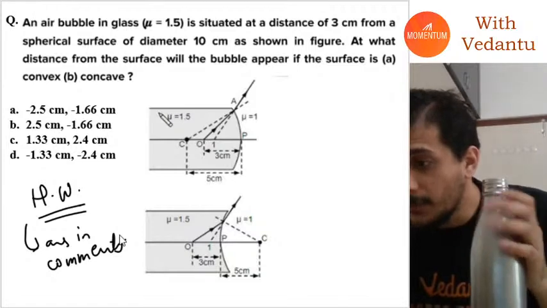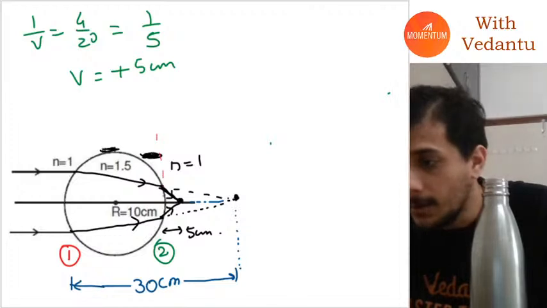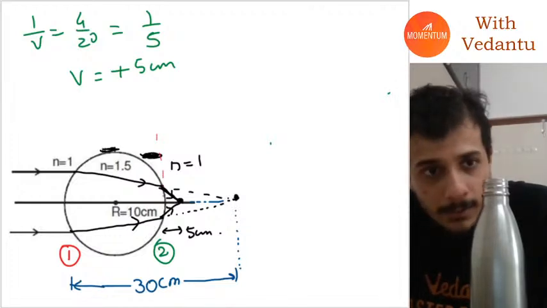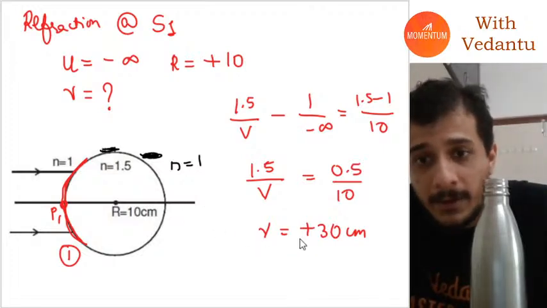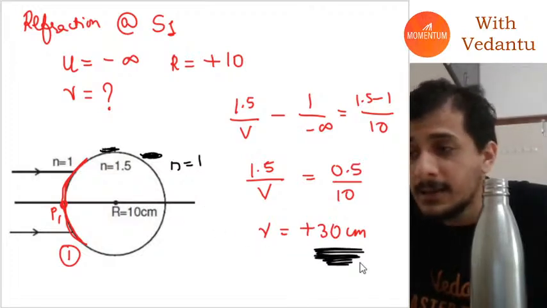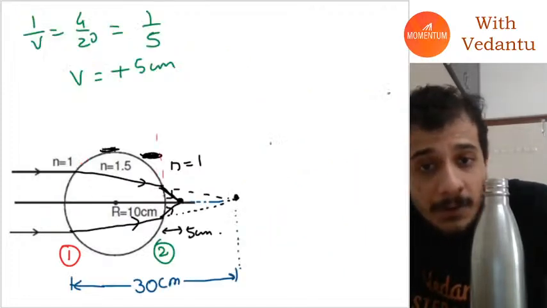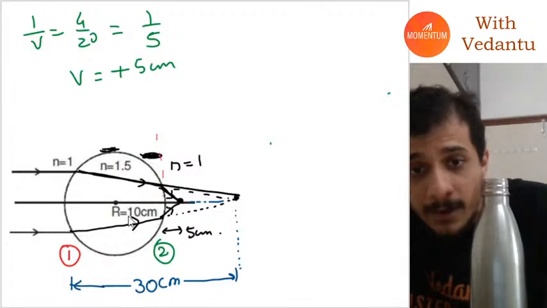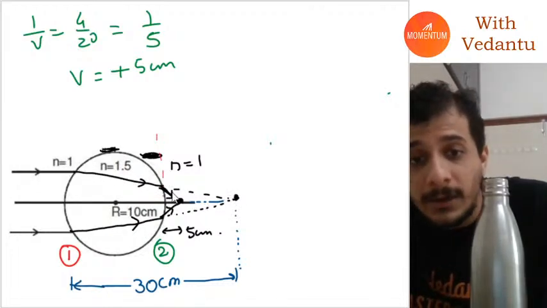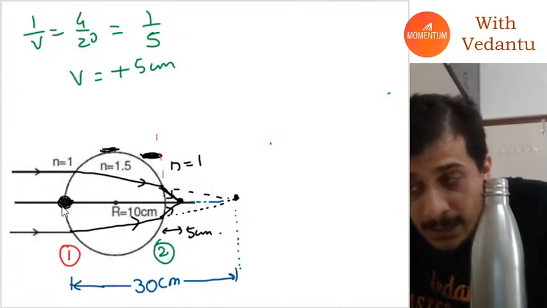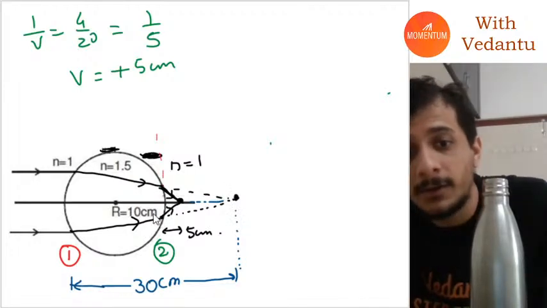Yes, 30 and 5 is confusing. See, Shri Balaji, I will try to solve your doubts. When refraction was happening at the first surface, we found V is equal to 30. What that means is that after first refraction, these two rays would have met at a distance of 30 centimeter from this point.